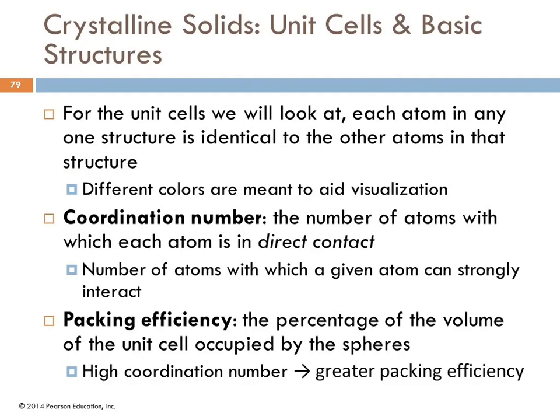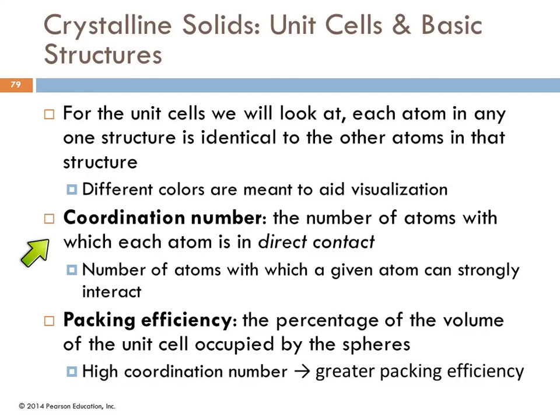When we're looking at the unit cells in this class, each atom in one structure is going to be identical to other atoms in that structure. So we're using colors just to help you visualize, but all the atoms are actually the same. So in analyzing these different structures, we look at the coordination number and the packing efficiency.